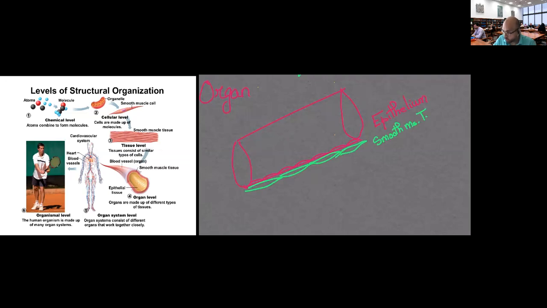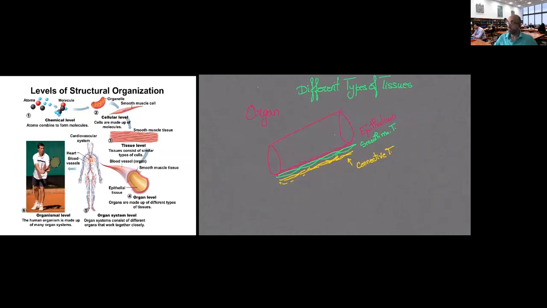And to the outside of all this, you're going to have collagen fibers and other cells that will build up to form another type of tissues. This is called the connective tissue. So you see on here, this organ is going to be formed of 3 different types of tissues. Together, they will form a single organ, which is a blood vessel, an artery, or a vein.